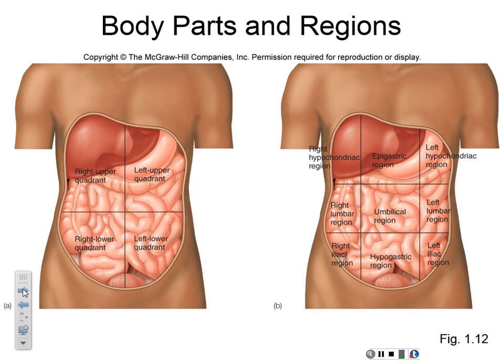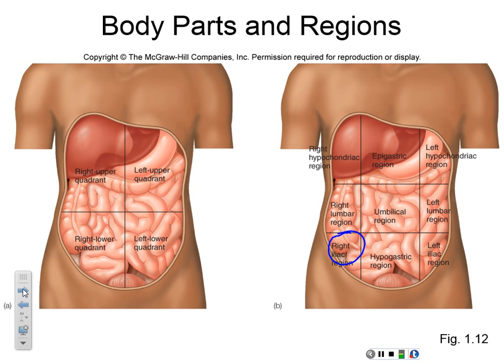I'm going to need you to say what's in the right iliac region, for instance. The right iliac region is important for what kind of surgery that's common? Appendix. When they want to remove your appendix, they'll ask you to prepare the right iliac region.